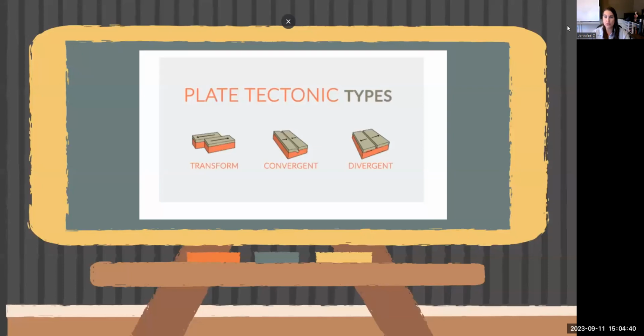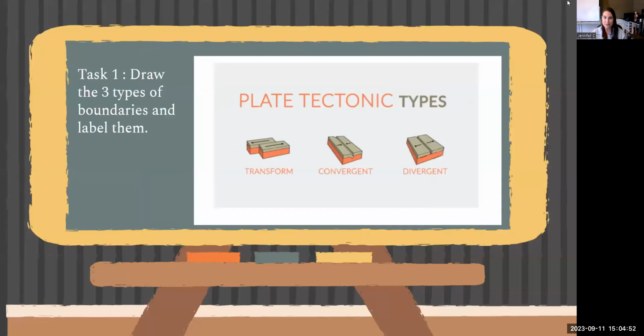So let's review. We have three tectonic boundary types. We have transform, convergent, and divergent. So to help us remember today, our first task is going to be to draw the three types of boundaries. So go ahead and gather a piece of paper and let's write the name of the plate type and draw the arrows.